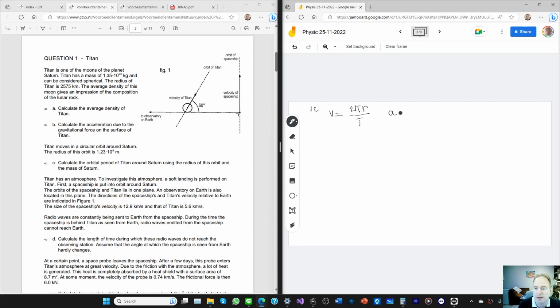That's given by acceleration is the velocity squared divided by the radius. And the acceleration in turn can be found by the gravitational force between Saturn and Titan divided by the mass of Titan.